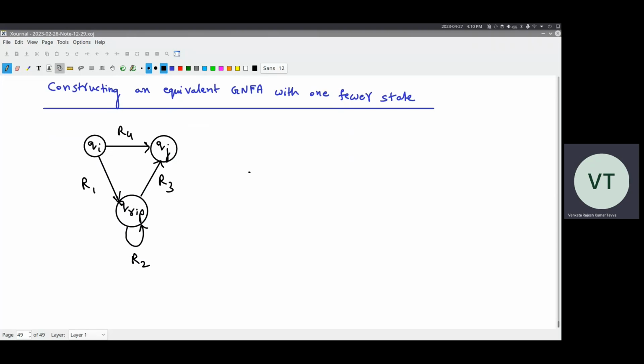Now if we remove the Qrip state, we are left with only Qi and Qj, right? Now what will be the regular expression on this transition between Qi and Qj?